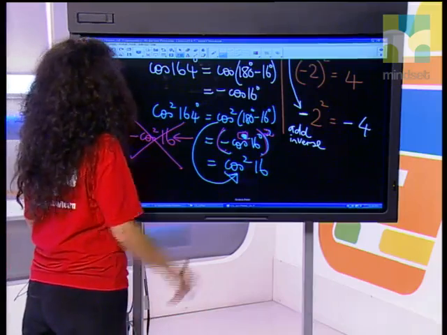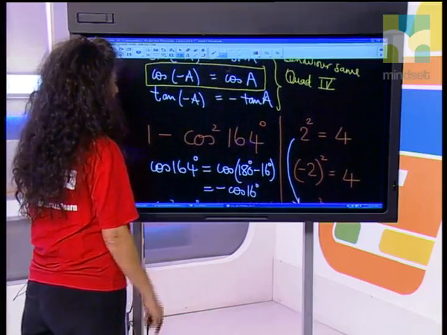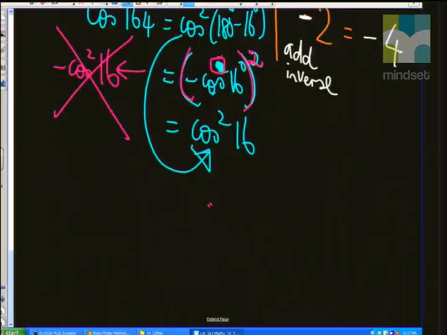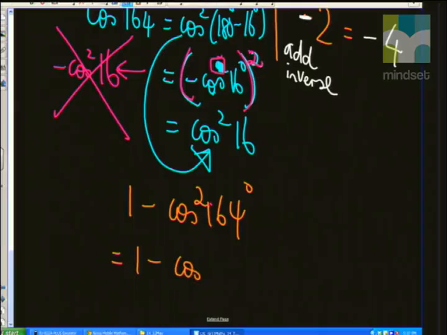So we looked at the linear, we looked at the quadratic, and now our real question was to find out what is 1 minus cos squared 16. And we said that it was 1 minus cos squared 16. But you'll notice at the beginning, we only had sine 16.